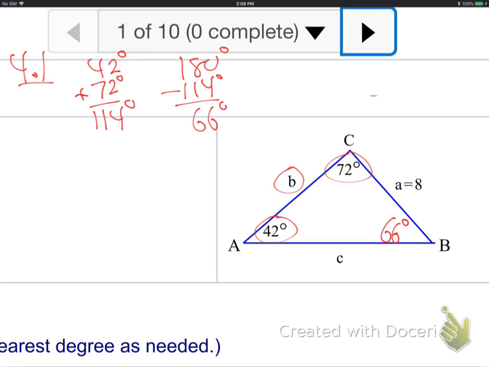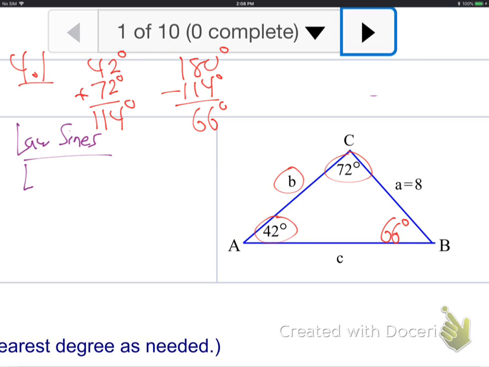So how do you deal with a triangle when it's not a right triangle? Well, there's a couple of new rules. The law of sines, and in the next section, the law of cosines. There are special laws that help you. The law of sines is what we're going to use in this section. It's a pretty simple law.